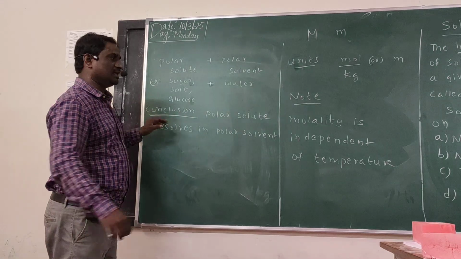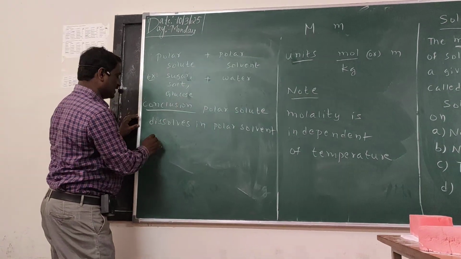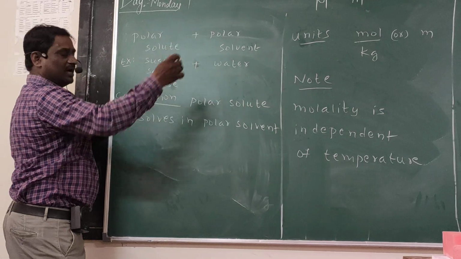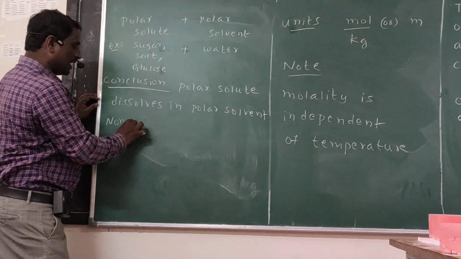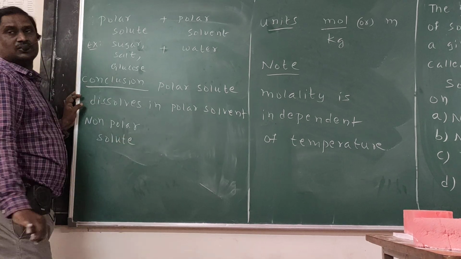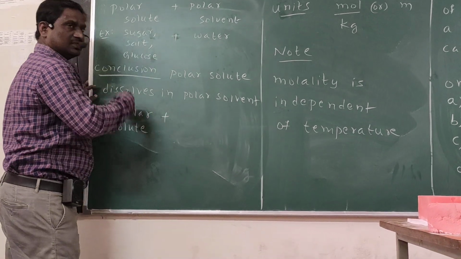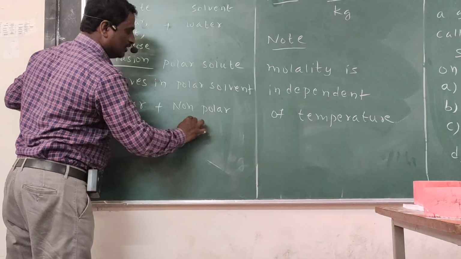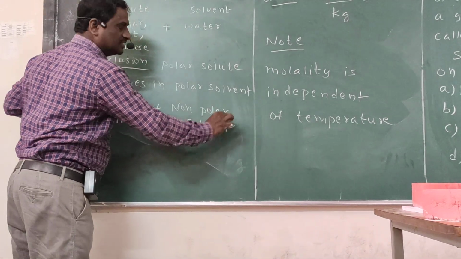Then let us see the other examples: camphor and naphthalene. We call them non-polar solutes. These non-polar solutes dissolve in non-polar solvents.